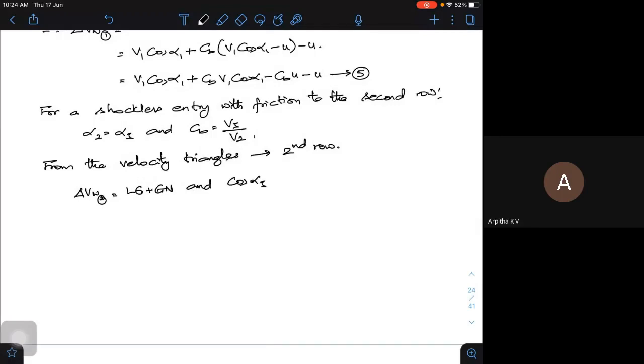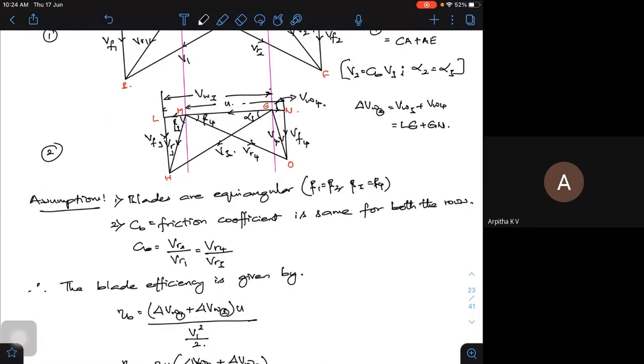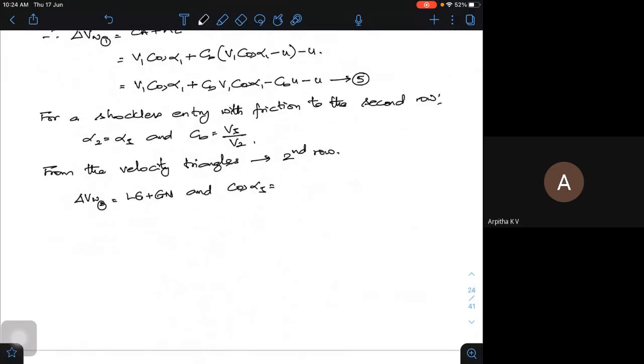Let me go here. What is your cos alpha 3? Cos alpha 3 is equal to LG divided by V3, or I can write LG is equal to V3 cos alpha 3.